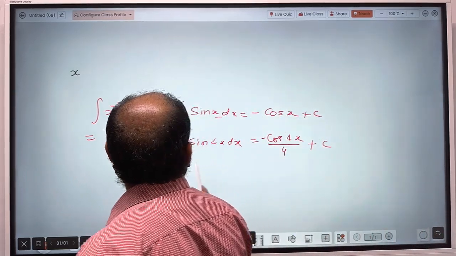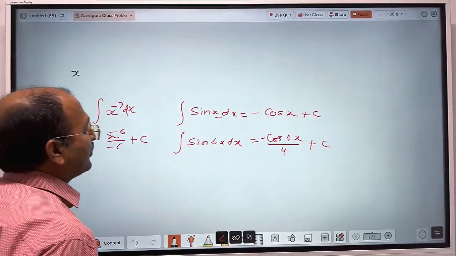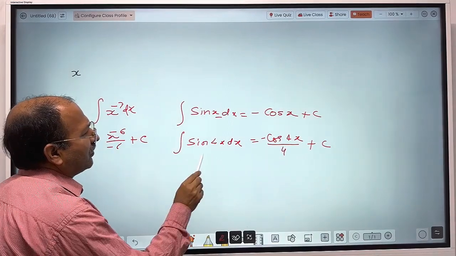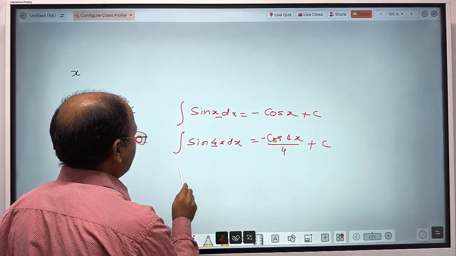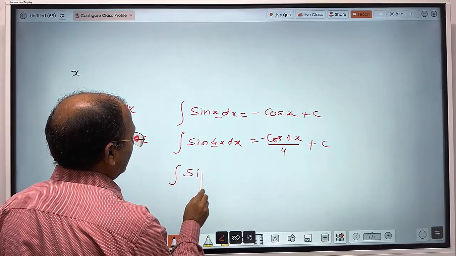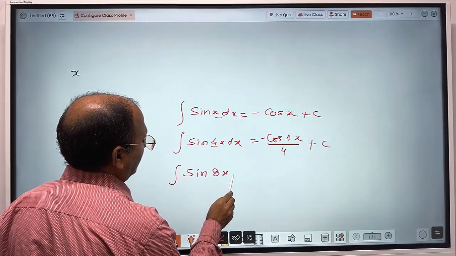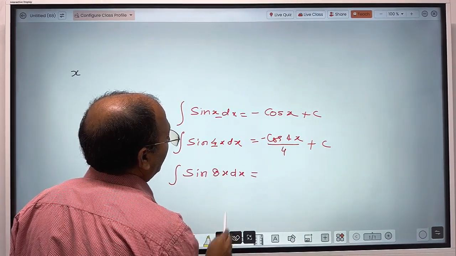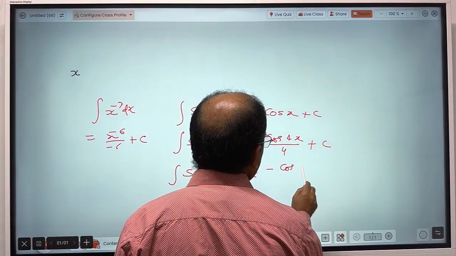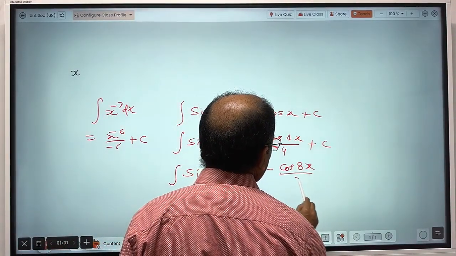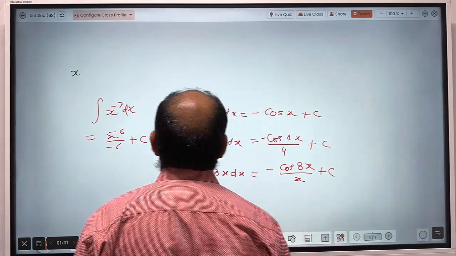Later on I will tell you why this is happening, but at this moment you just have to memorize and understand the process. So sine of say 8x dx. The same thing will happen here. It will become minus cos 8x divided by 8 plus c.